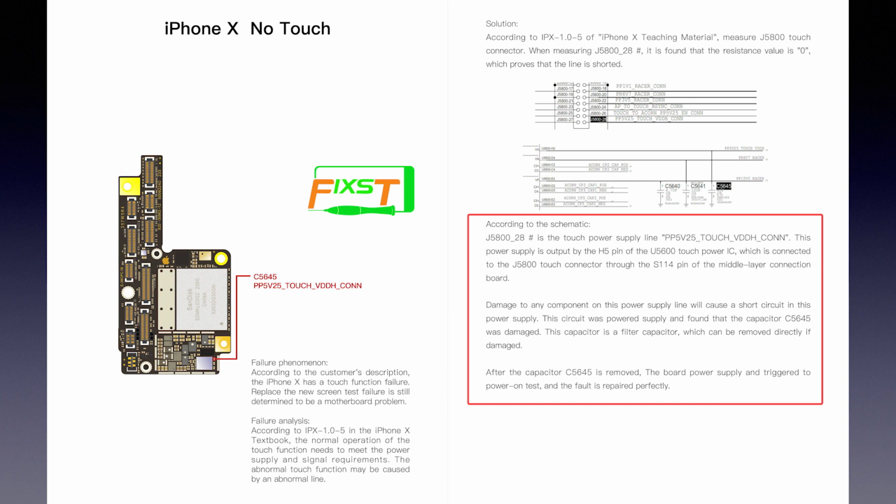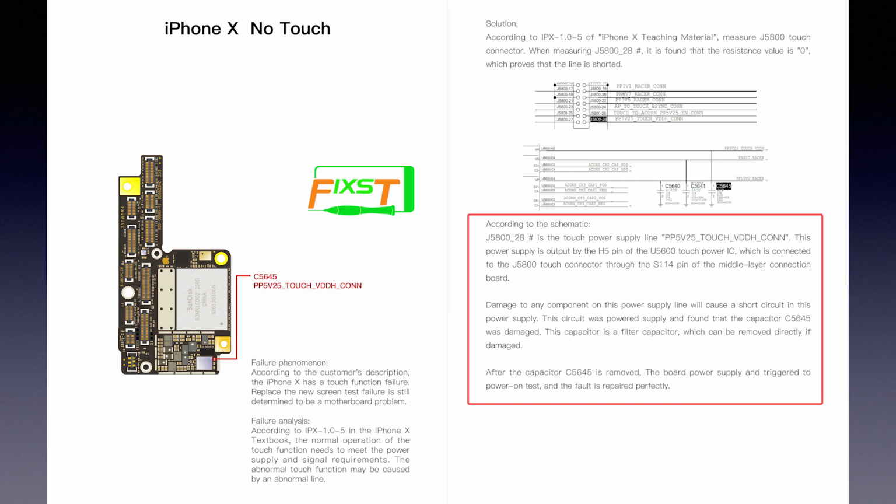This power supply is output by the pin H5 of J5600 touch power IC, which is connected to the J5800 touch connector through the S114 pin of the middle layer connection board. Damage to any component on this power supply line will cause a short circuit in this power supply.